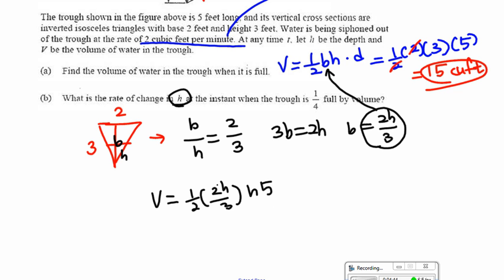Then these two cancel out. So ultimately what we end up getting is 5h²/3. Now, that's what V is equal to.